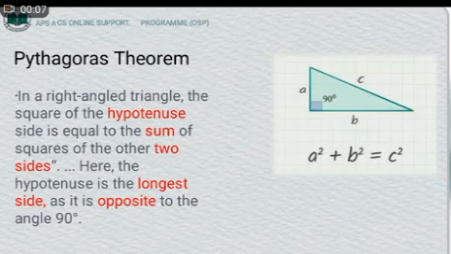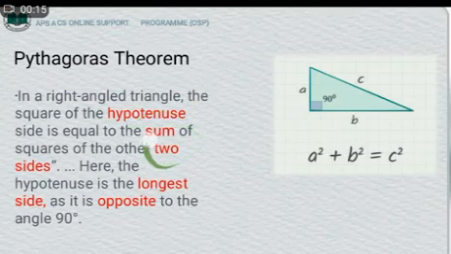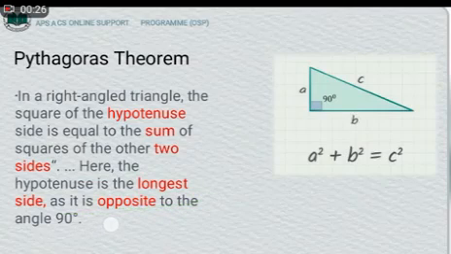In a right angle triangle, the square of the hypotenuse side is equal to the sum of squares of the other two sides of the triangle. Here the hypotenuse is the longest side as it is opposite to the angle 90.